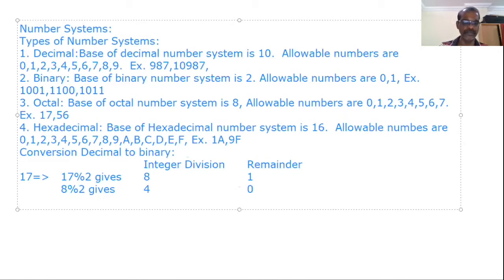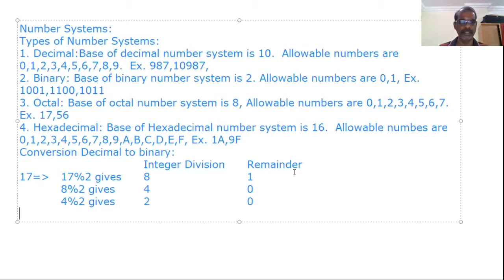Again divided by 2 gives 2, remainder 0. Again 2 divided by 2 gives 1, remainder 0. Then 1 divided by 2 gives integer division 0, remainder 1. So that's all, we stop here.